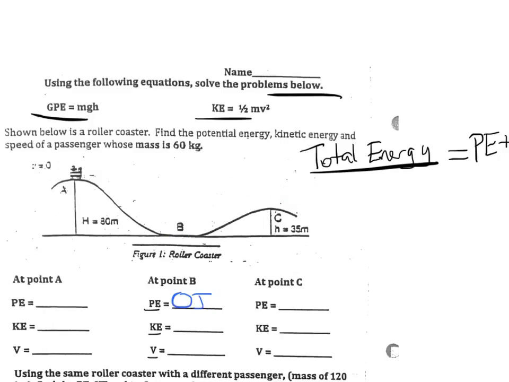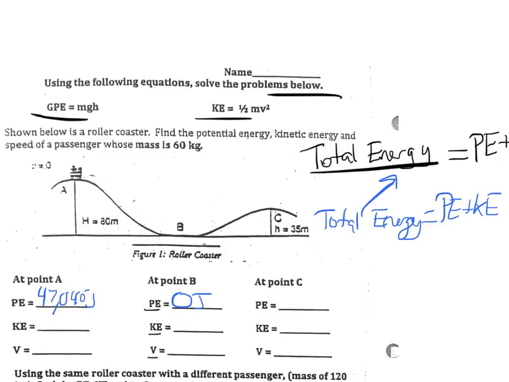Now, however, I'm going to calculate the amount of kinetic energy at that point. And to do that, I'm going to use this equation up over here. Total energy is equal to the potential energy of the rider plus the kinetic energy. If I look back at point A, I see that we had 47,040 joules, and we had no joules of kinetic energy.